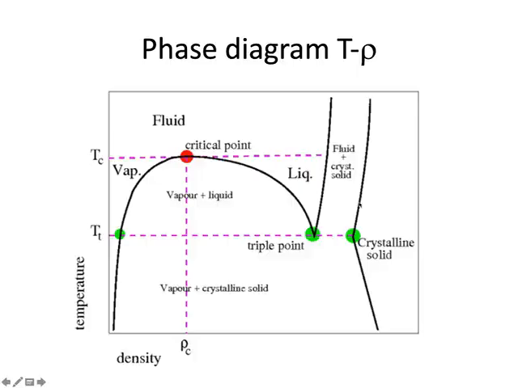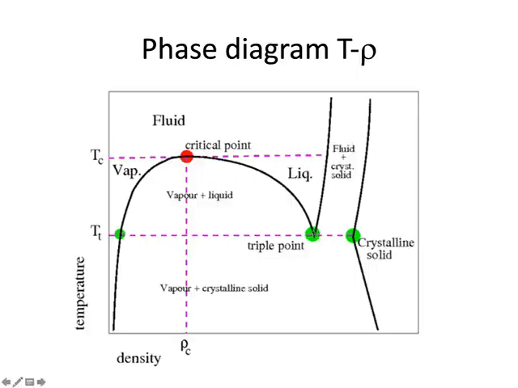Water to ice: ice is one of the few materials where the crystalline solid state has a lower density than the liquid state. So what I'm showing here is a phase diagram in temperature and density that's not for water and ice. This is the more typical, the more generic form of a temperature-density phase diagram.